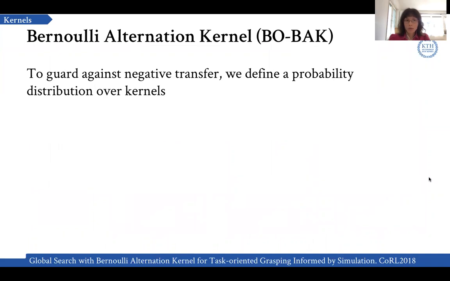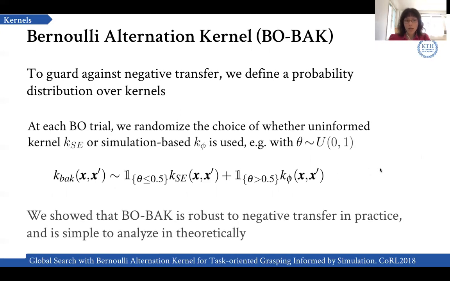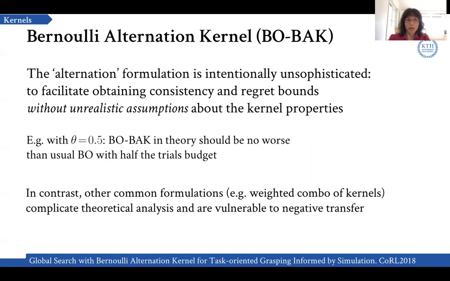So we might have negative transfer, but to guard against negative transfer, we define a probability distribution over kernels, and at each BO trial, we randomize the choice of whether the uninformed kernel or the informed kernel based on simulation is used. We call this Bayesian optimization with Bernoulli alternation kernel, BO-BAK. This approach is robust to negative transfer in practice, and it is also simple to analyze theoretically.